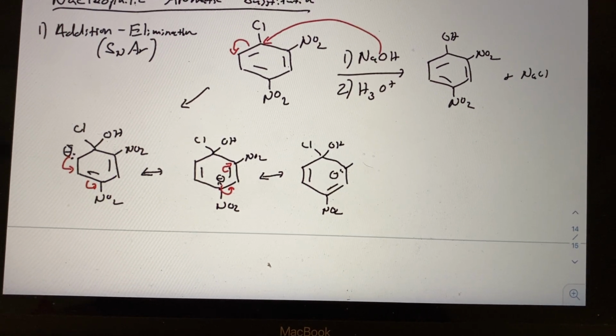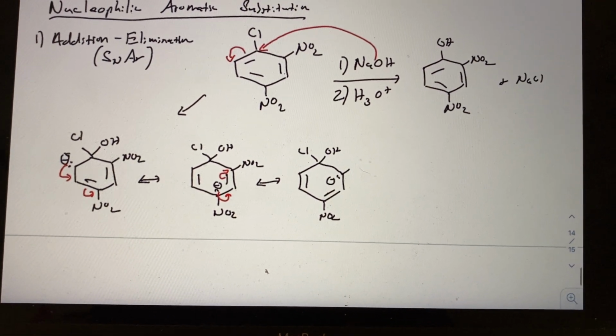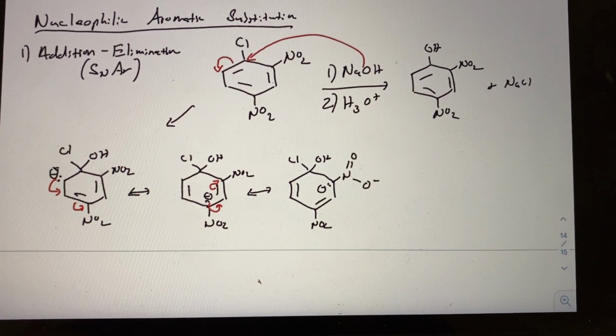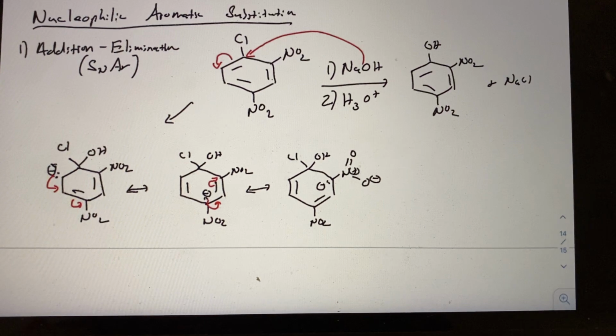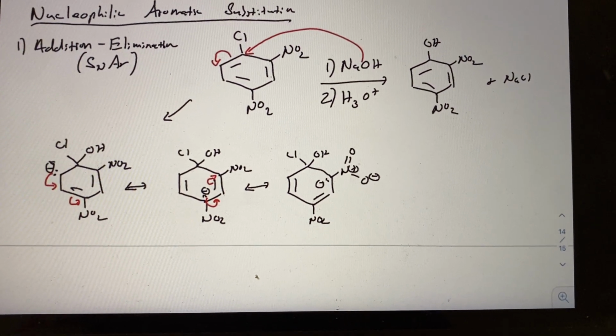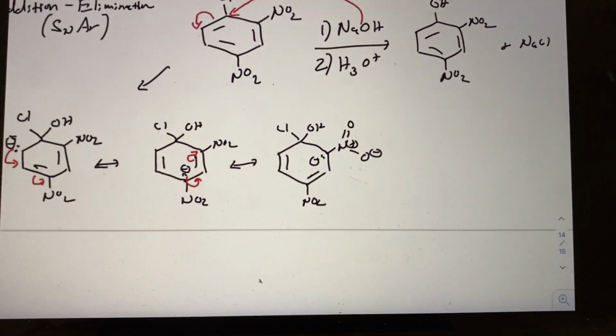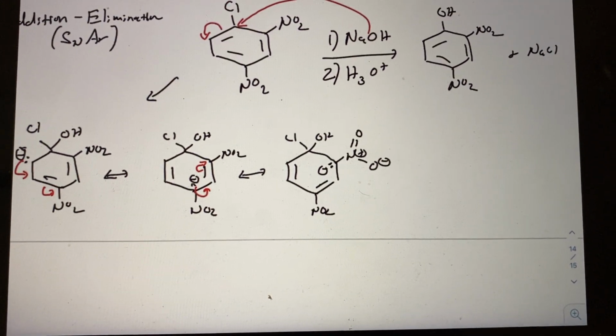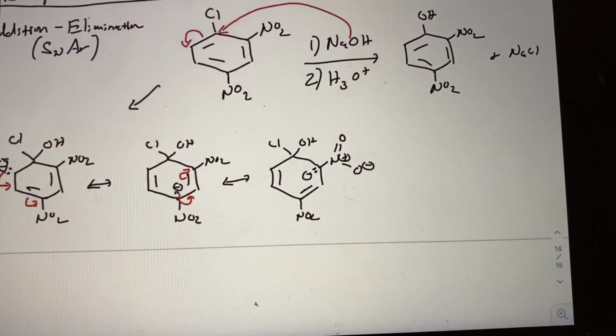So I'm going to erase this from my notes and link the nitro group here. Draw it out. And now if they have this lone pair of electrons, let's make this a little larger to see. This is a little more clear. Here, the nitro group can actually participate in resonance.